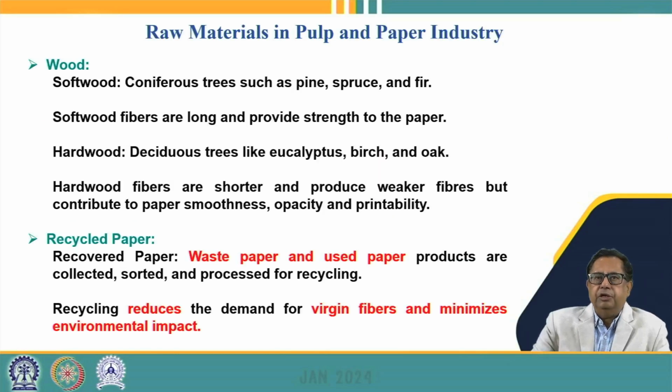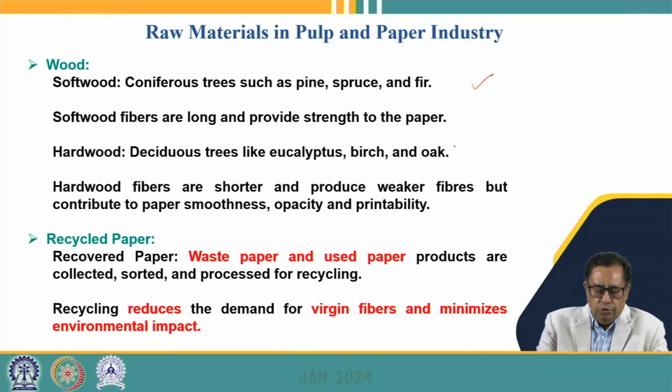The raw materials used in the pulp and paper industry, first and foremost, is wood. We can use different types of wood here. For example, softwood comes from coniferous trees such as pine, spruce, or fir. These softwood fibers are long, so they can provide strength to the paper.